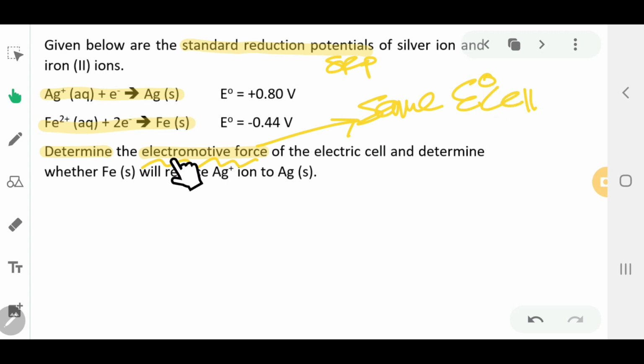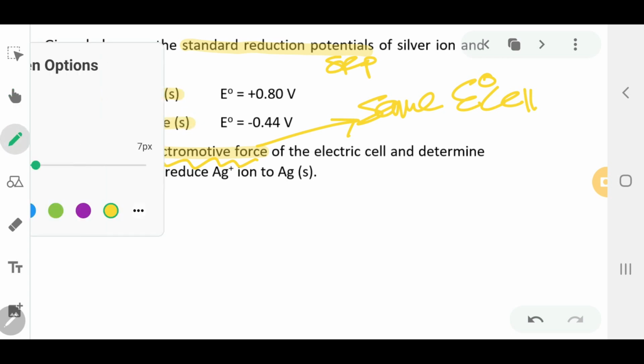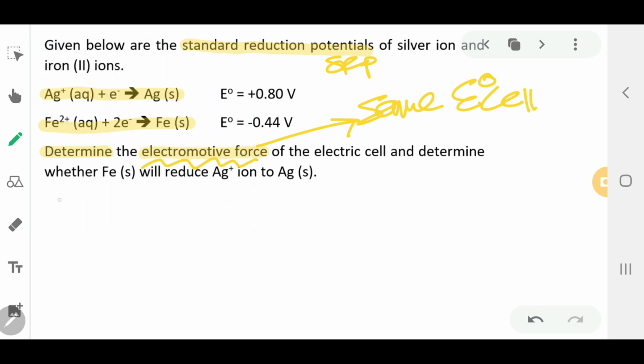So we want to find the electromotive force for the electric cell and determine whether the iron solid will be able to reduce Ag plus aqueous to Ag solid.